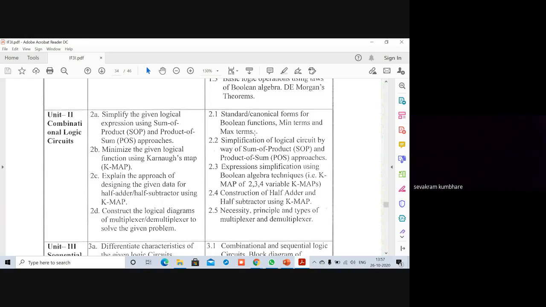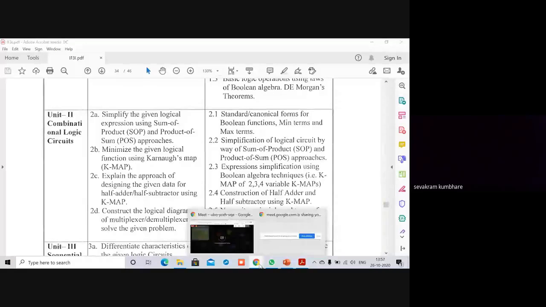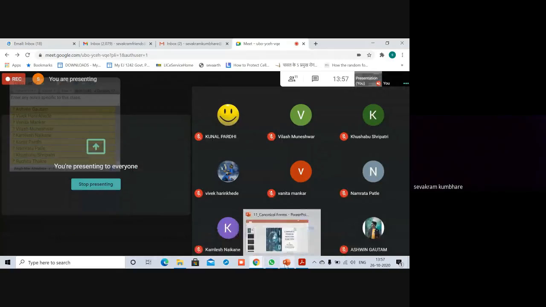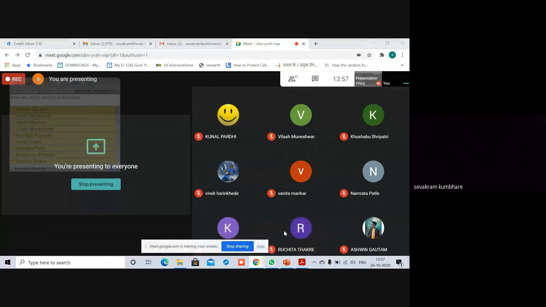So today's point of interest is the first point, that is standard or canonical form for Boolean function, minterm and maxterm. So give me a minute. Let me present you the PPT first.